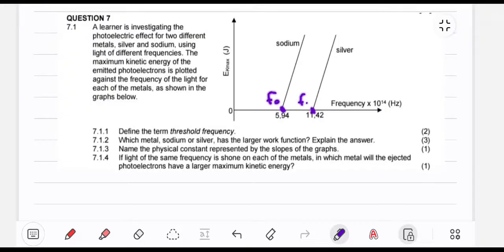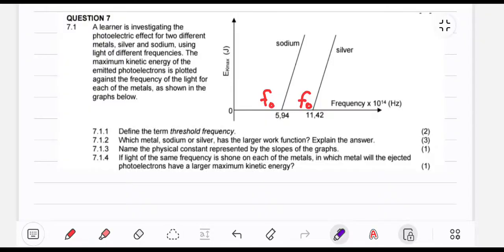We are actually having f0, because the kinetic energy here is equated to 0 there.